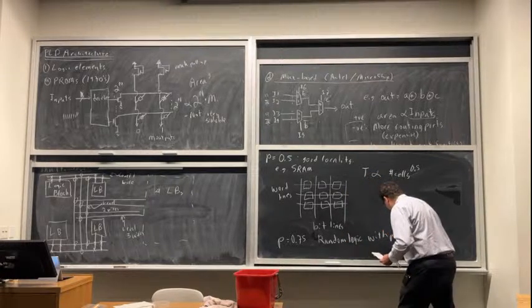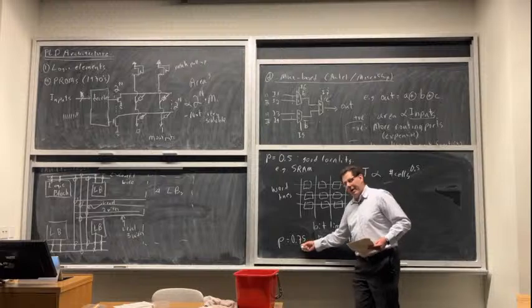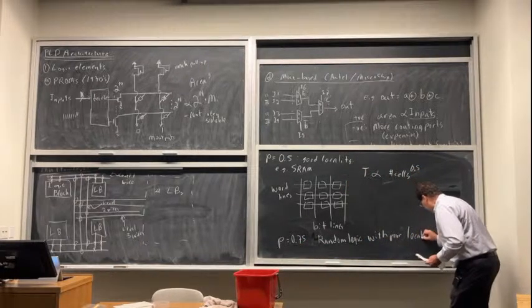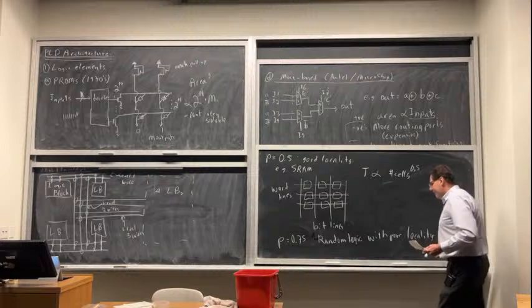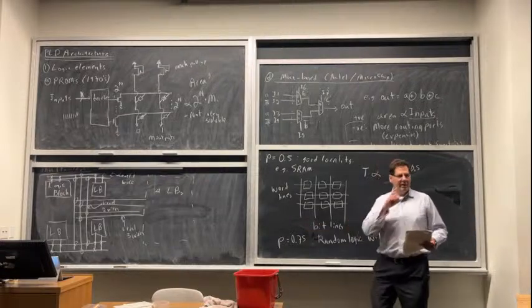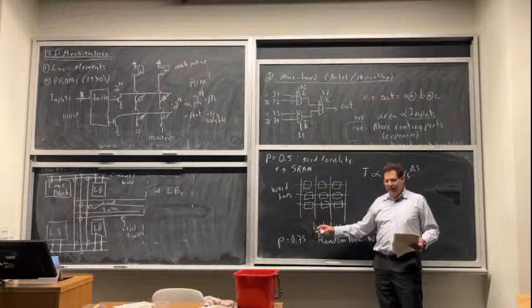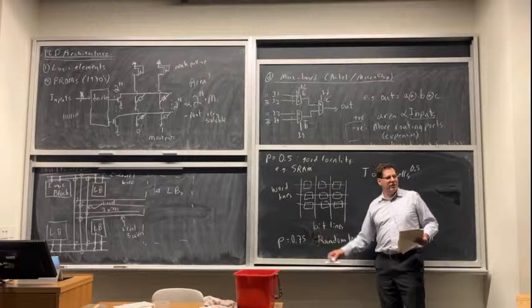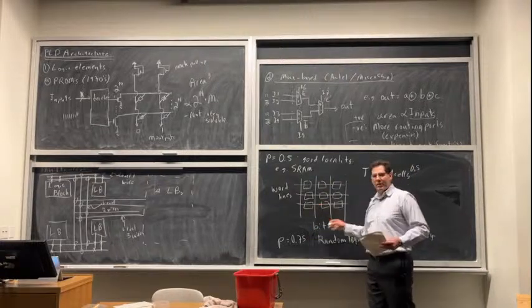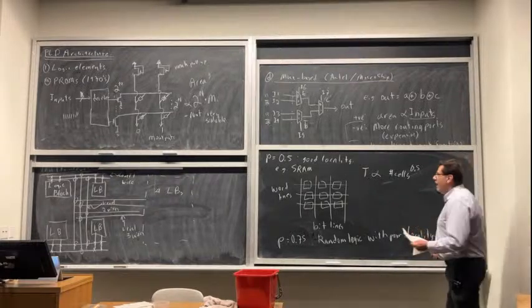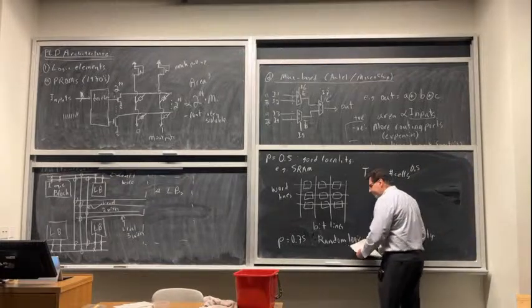Some control logic has a rent exponent less than this, but some control logic can have this kind of locality. And the wiring is getting more complicated. This one you can kind of see how to lay out in a two-dimensional chip pretty clearly. This gets harder, because the interconnect is growing faster than the perimeter of your block. It gives CAD tools more problems. It gives FPGA architects more problems.